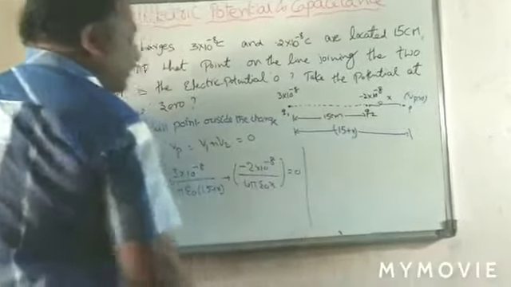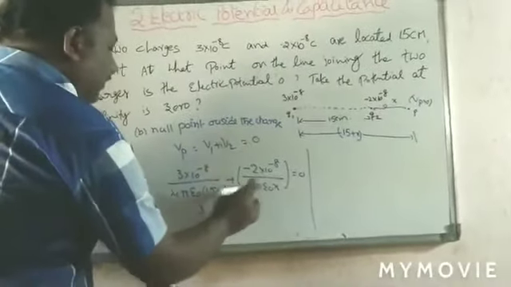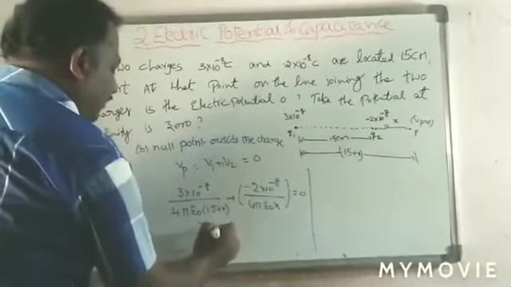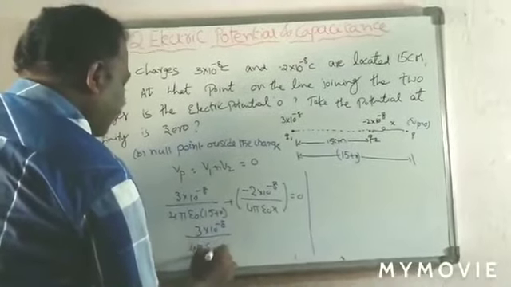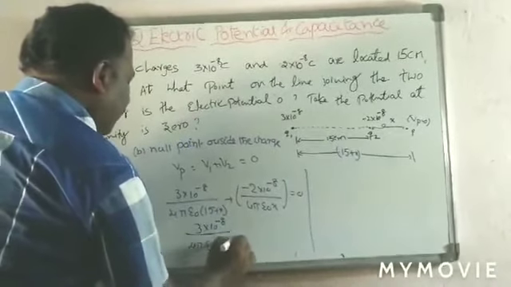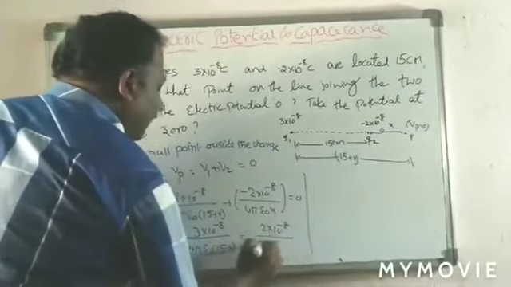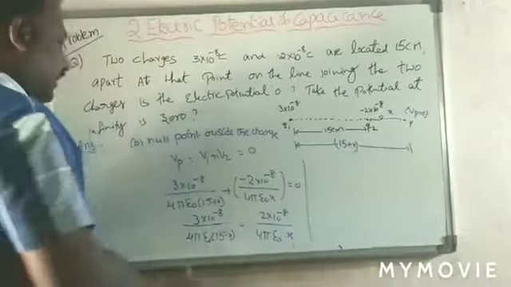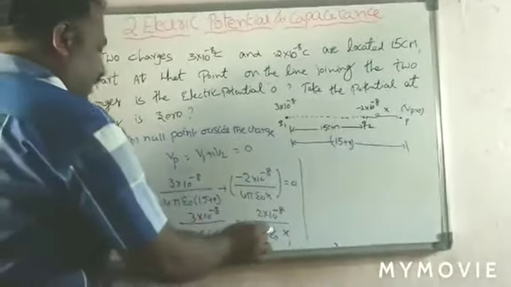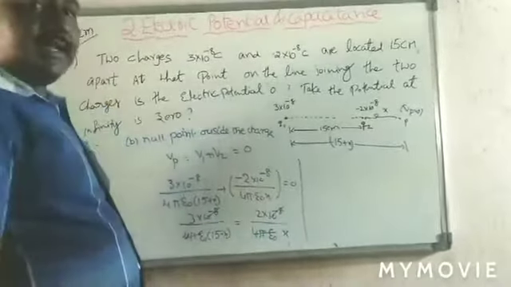This is equal to 0. By simplifying, take this term to the RHS: 3 into 10 power minus 8 by 4 pi epsilon naught into 15 plus x is equal to 2 into 10 power minus 8 by 4 pi epsilon naught into x. See what terms cancel? 4 pi epsilon naught cancels, 10 power minus 8 cancels.